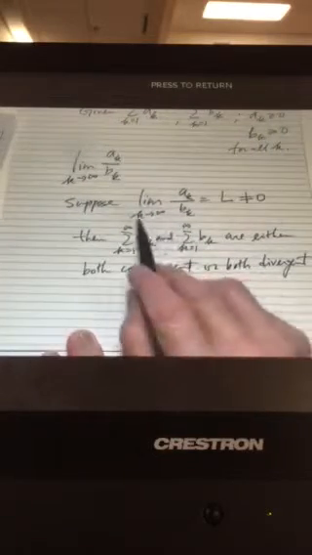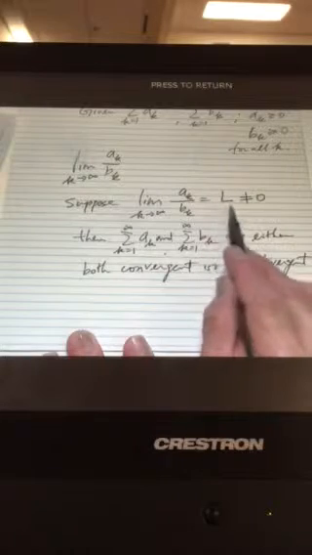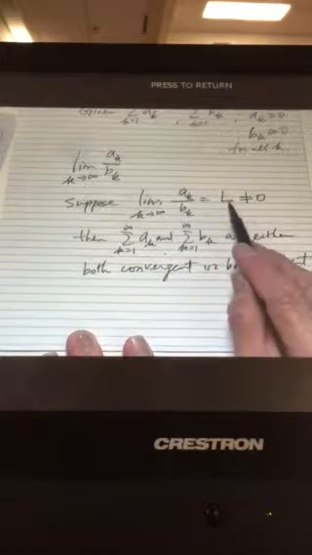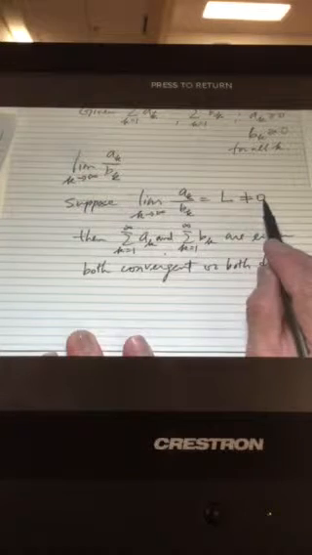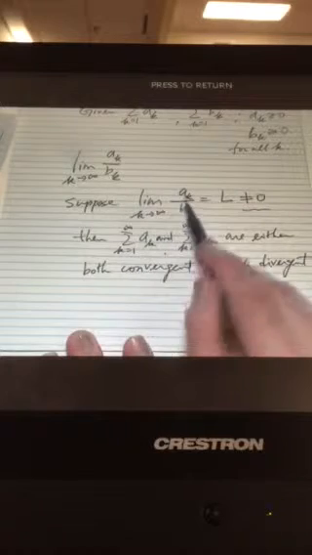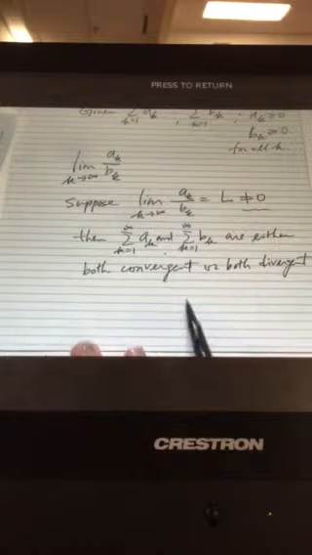In other words, this limit exists and it is not equal to 0, it's very important, not equal to 0, then these two series are either both convergent or both divergent.